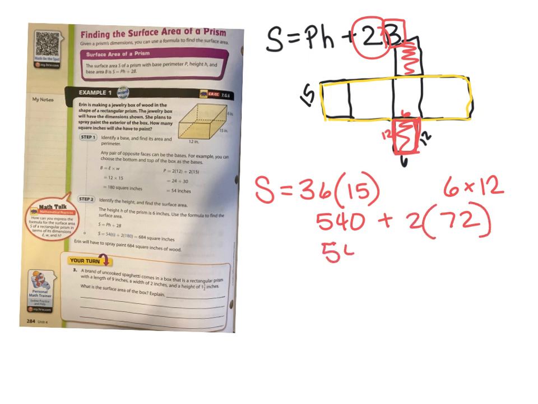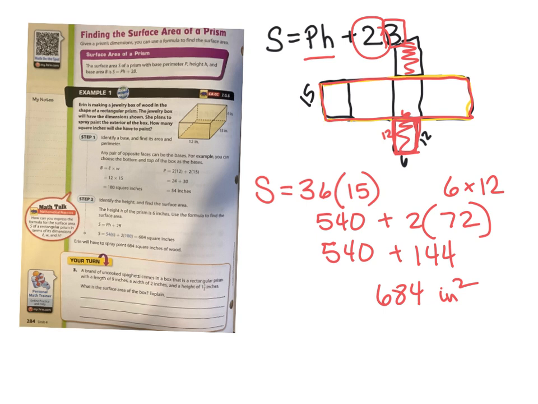So 540 over here added to 2 times 72, which is 144. And I just add those together for a total of 684 inches squared.